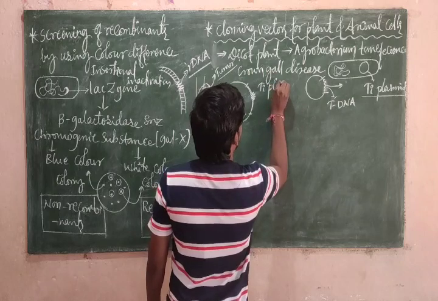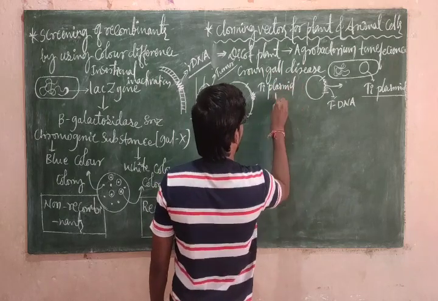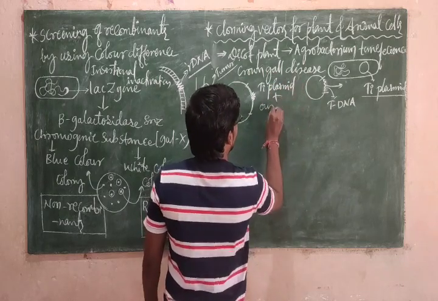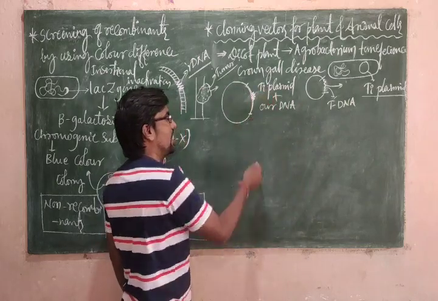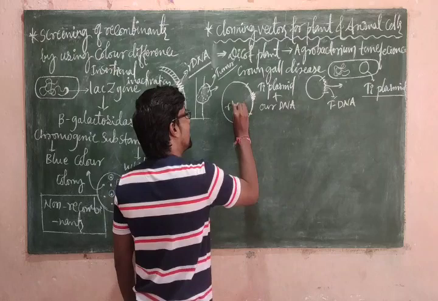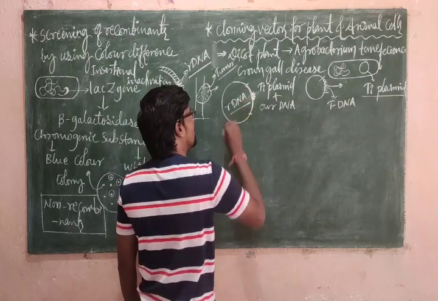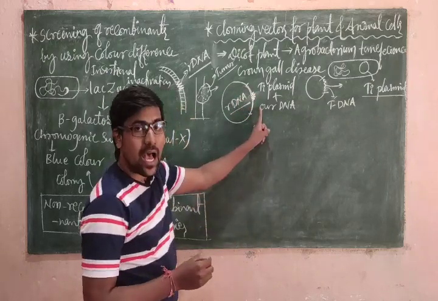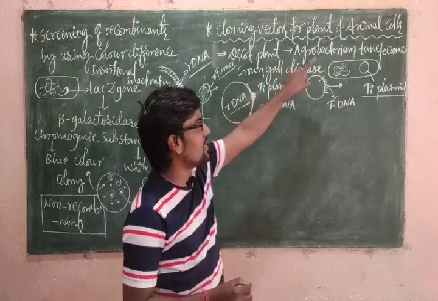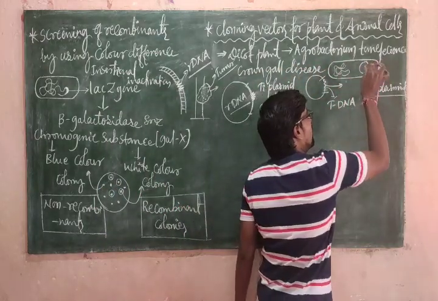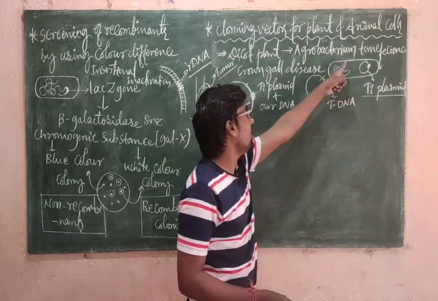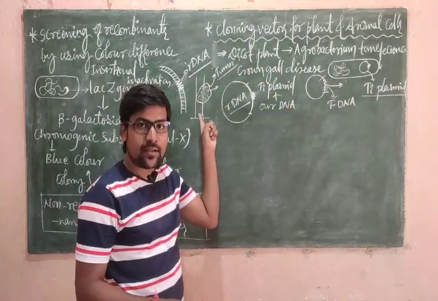Now it becomes Ti plasmid plus our DNA, that means our gene. Both are mixed here. Now we will consider it as rDNA. This rDNA is present in the Agrobacterium tumefaciens that will infect the dicot plant.